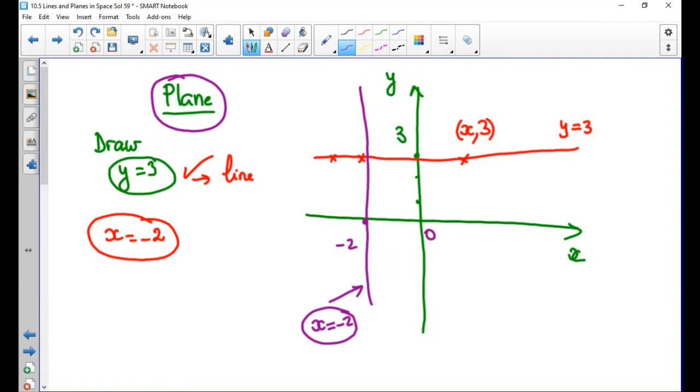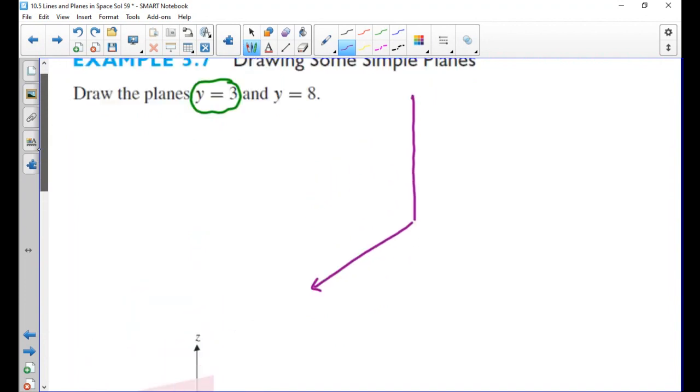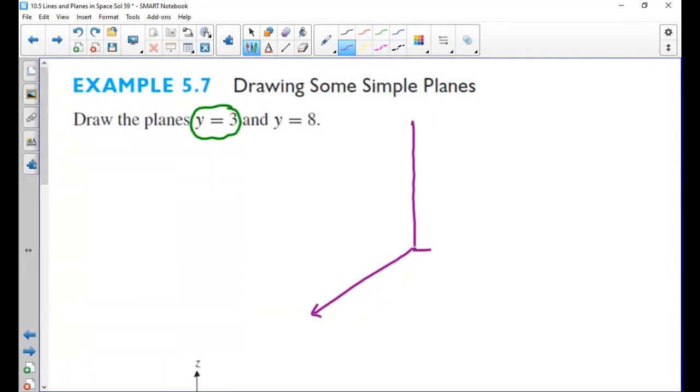Well, in space, y equal 3 is not a line. What is it? It's going to be a plane, basically. It's not always easy to graph in three dimensions. I think it's graphed here, actually.